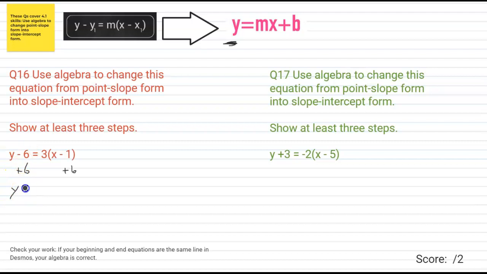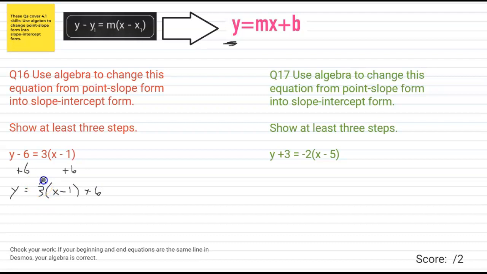So now what we have left is 3 times x minus 1, in parentheses, plus 6. Now the next step is to distribute. I see this 3 outside of the parentheses, and I'm going to multiply it by everything inside.